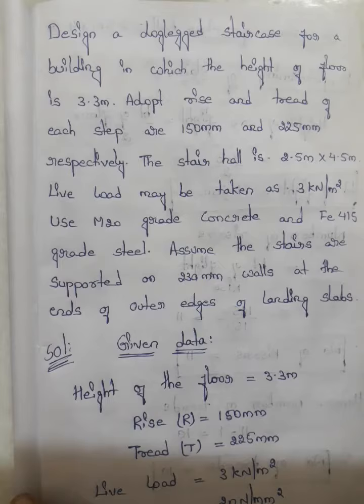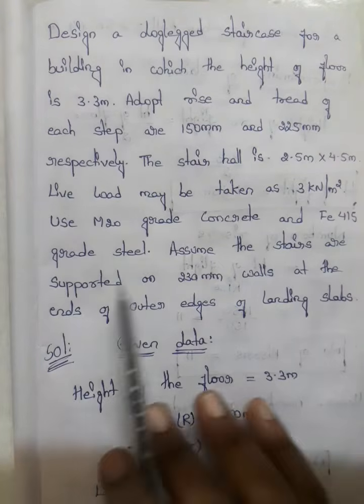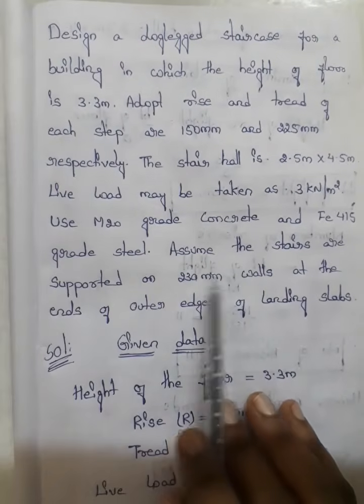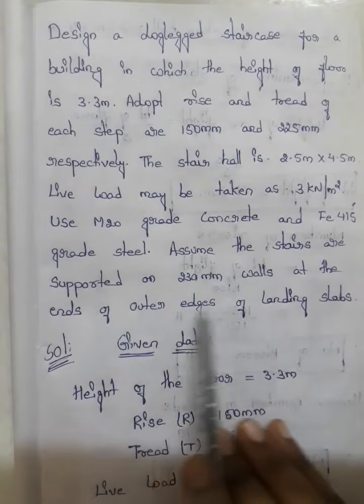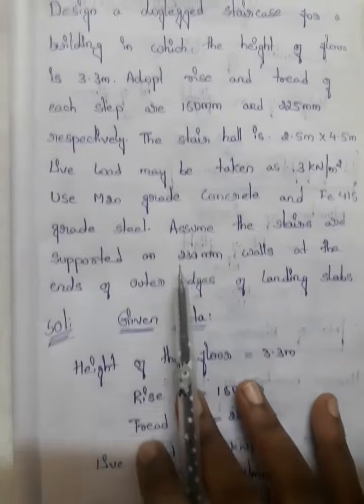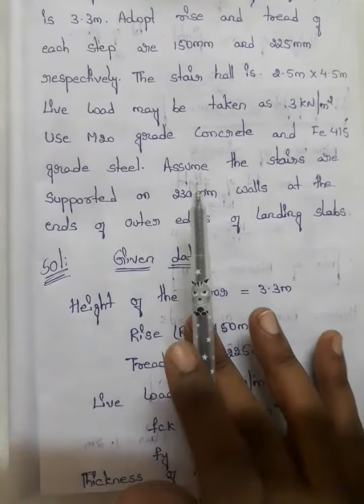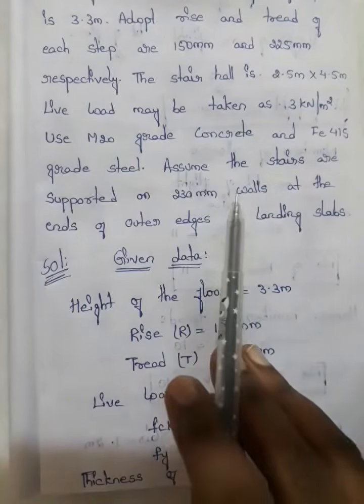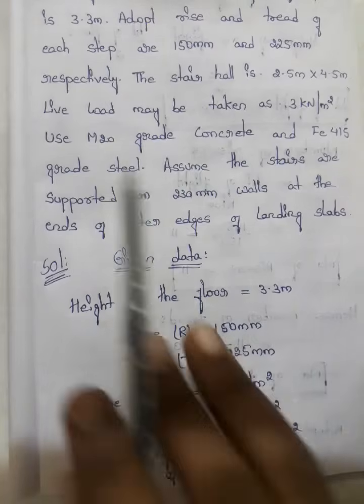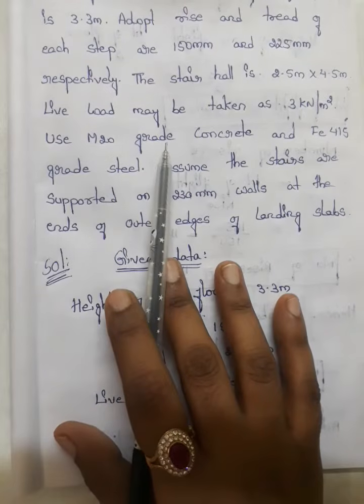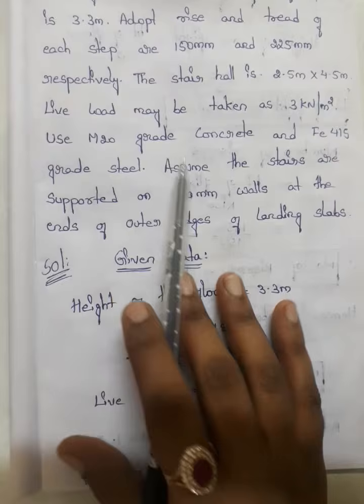Use M20 grade concrete and Fe415 grade steel. Assume the stairs are supported on 230 mm walls at the ends of outer edges of landing slab. So this is the question. He has given this data and he is asking to find out the complete design of a dog-legged staircase. So we'll see how to solve it.